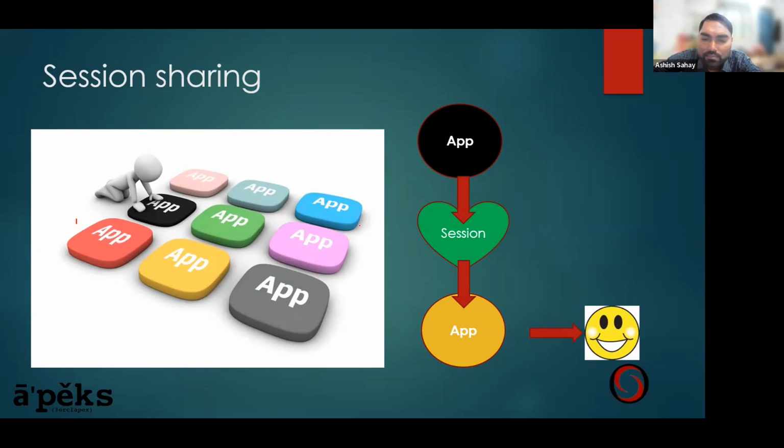For that case, we can assume there should be a way to access each application from the others. Here our plan is for the black app to access the yellow app. The idea is you have the app, you create the session after logging in, and once you log in, you get access to another app using this app's session as well. So you get the smiley face. That was the idea of session sharing.